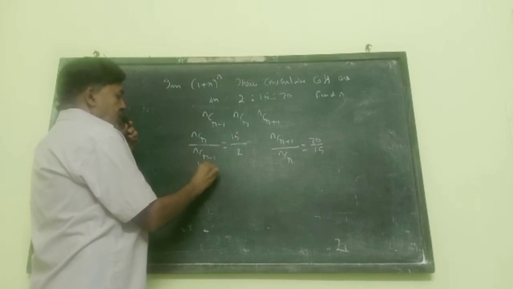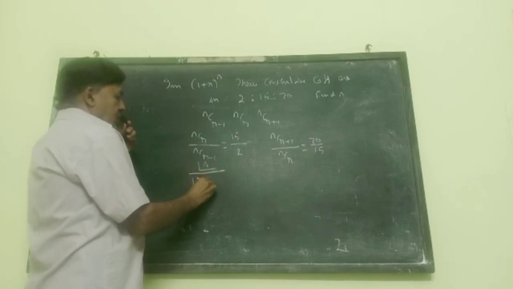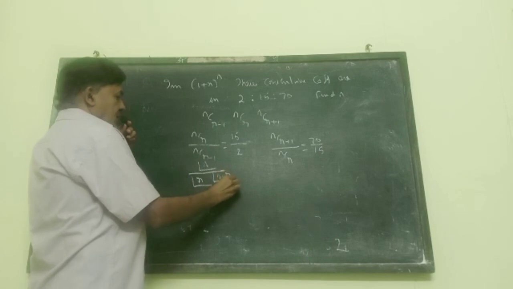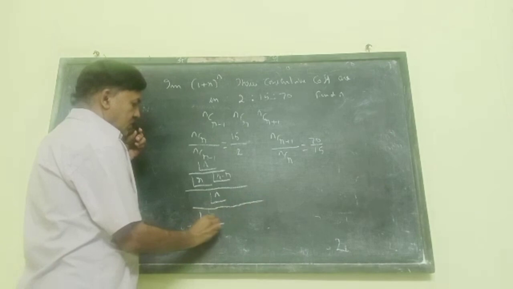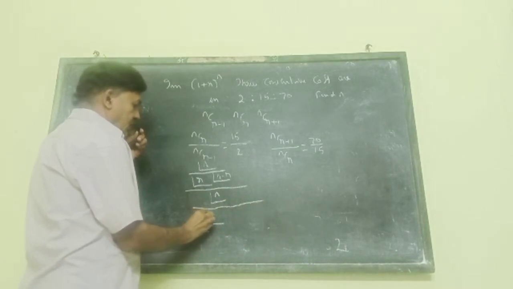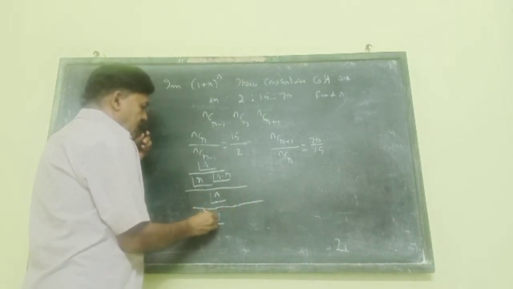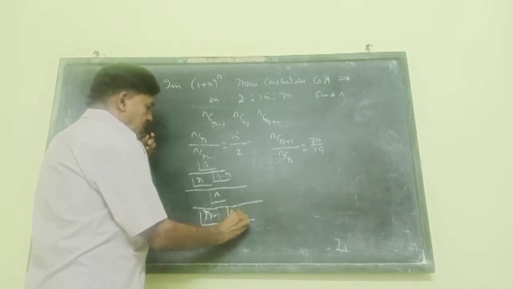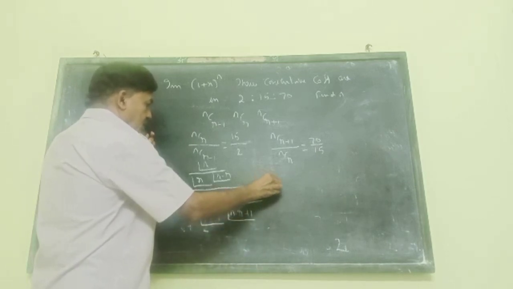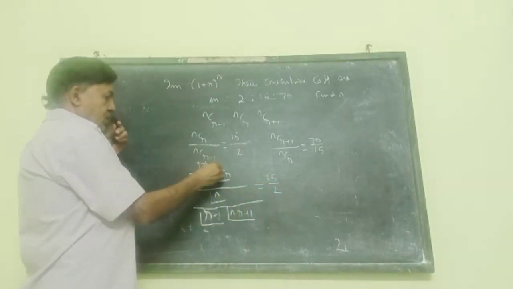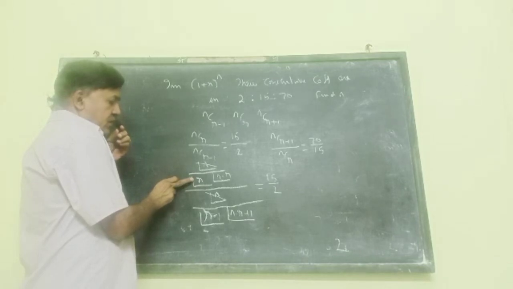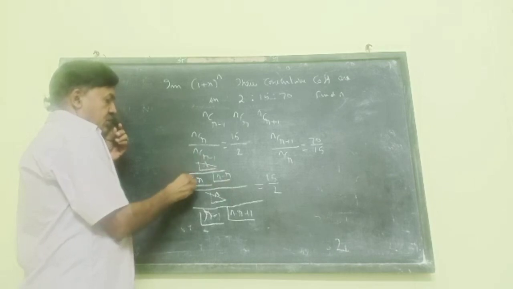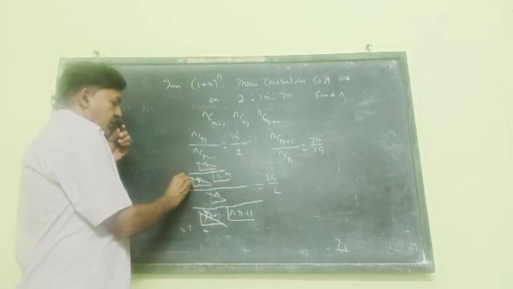By the nCr definition, n! / (r!(n − r)!) divided by n! / ((r − 1)!(n − r + 1)!) is equal to 15/2. These two will cancel. r! is nothing but r into (r − 1)!, so these cancel and you get r.